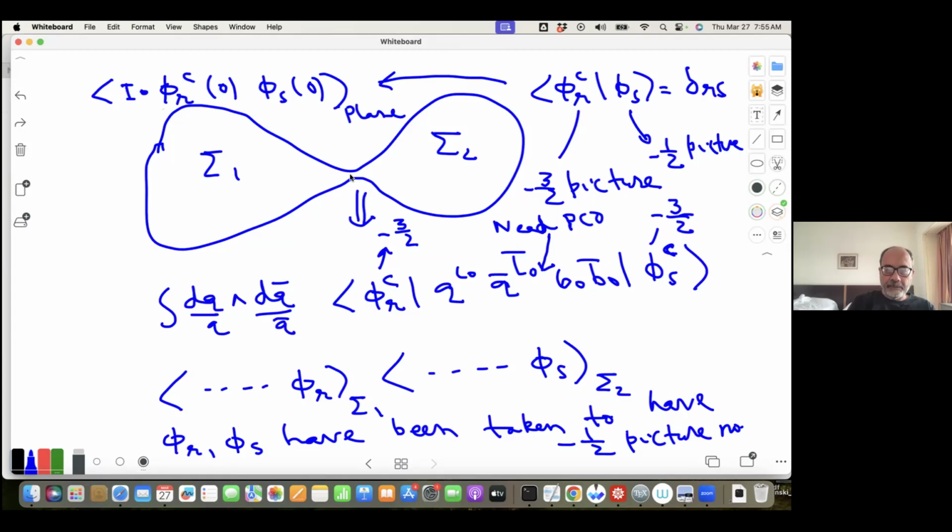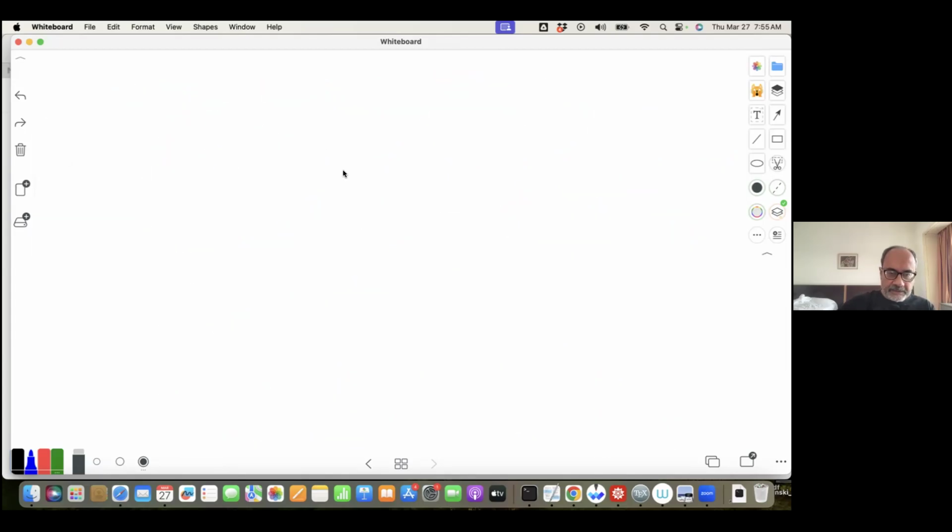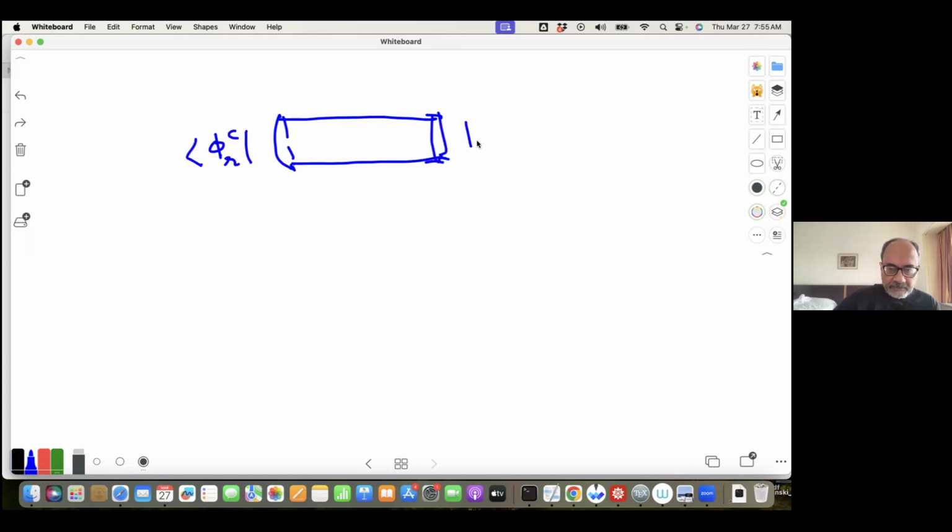Okay. So you know that we have to put a PCO here. But then we have to ask where, because even though it looks like a point, when you think in terms of this, it is really a cylinder that we have. Let me draw it as a cylinder. So the picture that you should have is a cylinder, with phi RC on one side, phi SC on the other side.